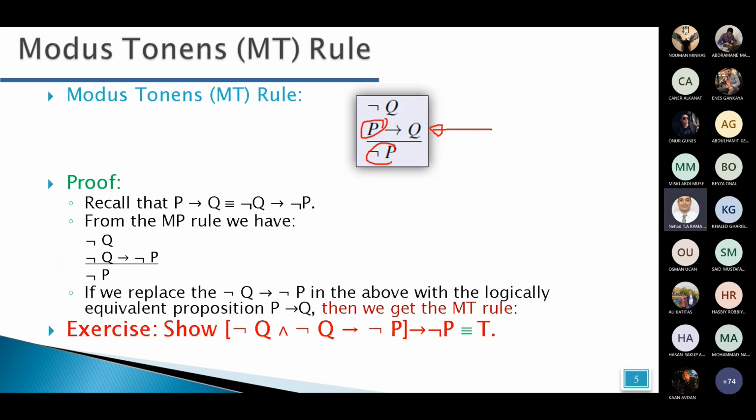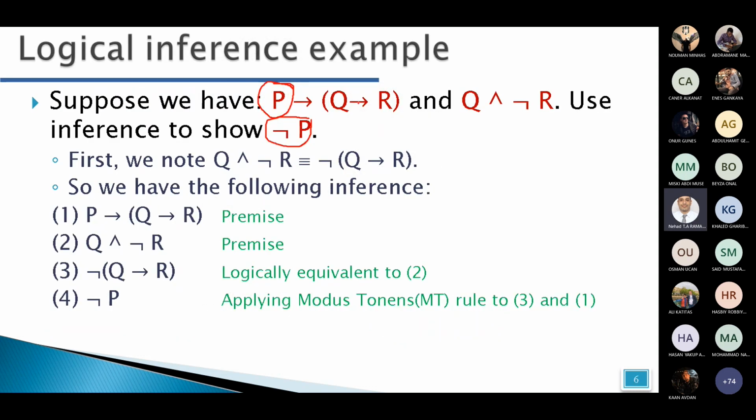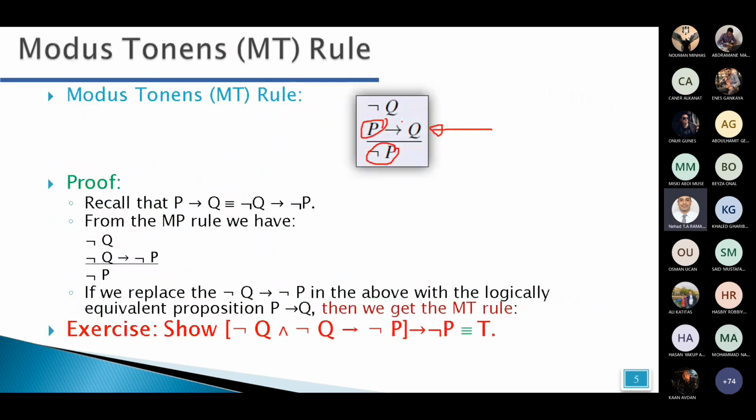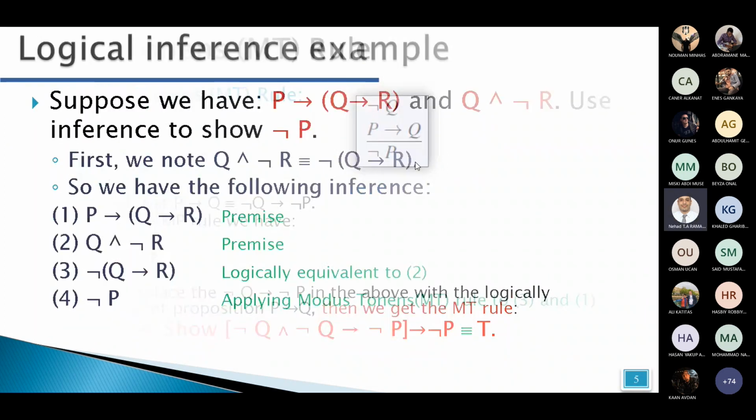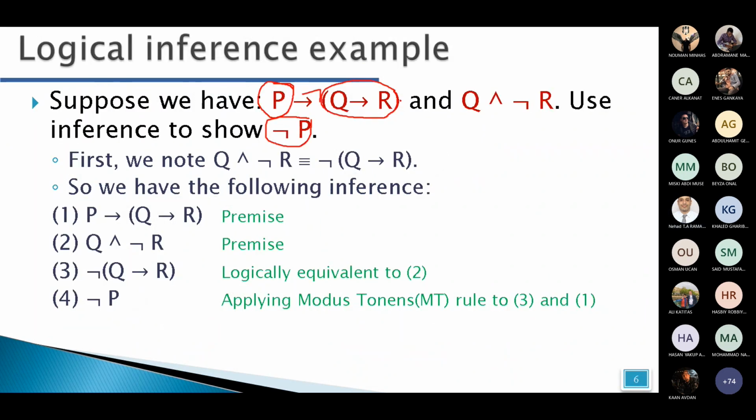This is the only rule that gives us not P. So not P has this one. With it, if we get not the Q, this means not this one, then we can get not P. So look here. We have Q and not R.